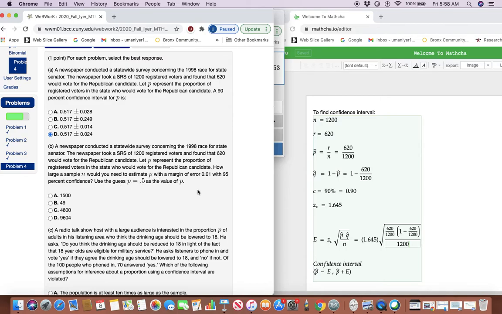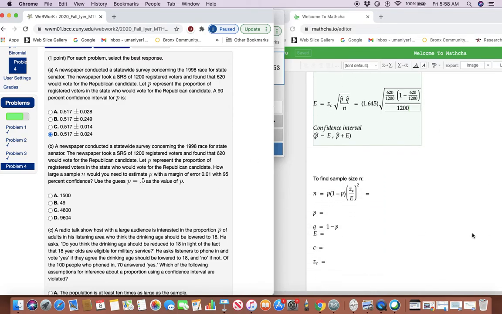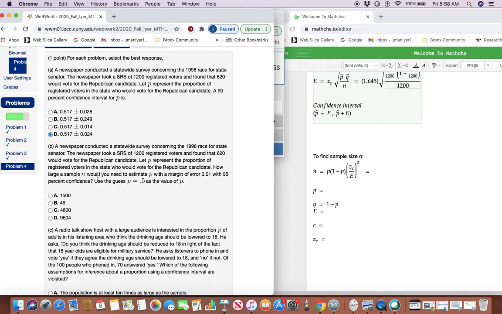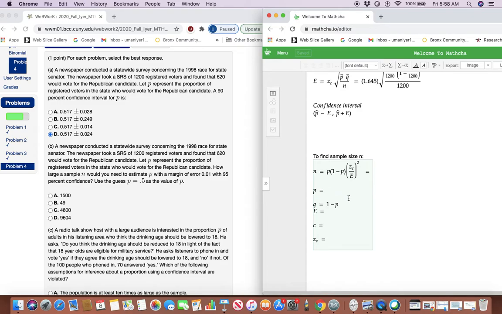So now you want to estimate the sample size N, to estimate P with a margin of error 0.01. They give me a guess of P to be 0.5.